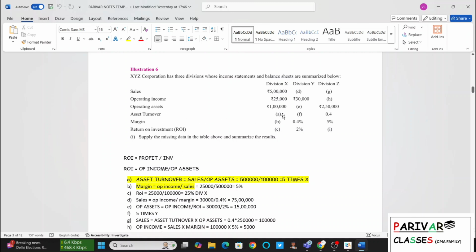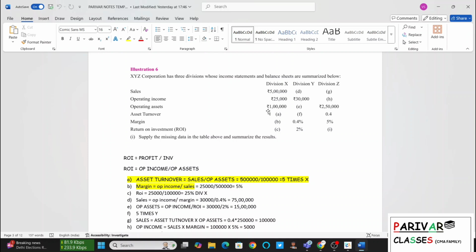A point is asset turnover of division X. Here he is asking us to find the asset turnover ratio of division X. Asset turnover is equal to sales divided by operating assets. Sales 5 lakhs, assets 1 lakh, 5 times. I think it is clear. Next point B, margin. Margin is nothing but profit divided by sales.